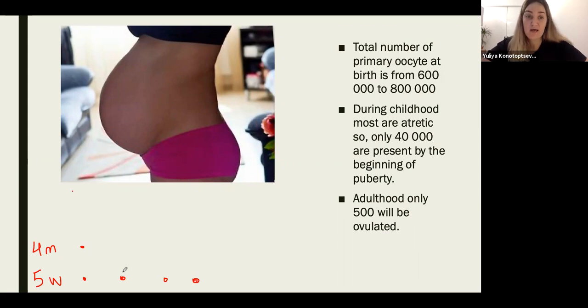Some PGC has already differentiated to become the oogonia, which is normal. Some PGC is like a headless chicken, already became oogonia, and now is actually a primary oocyte. And some PGCs stay as PGC.